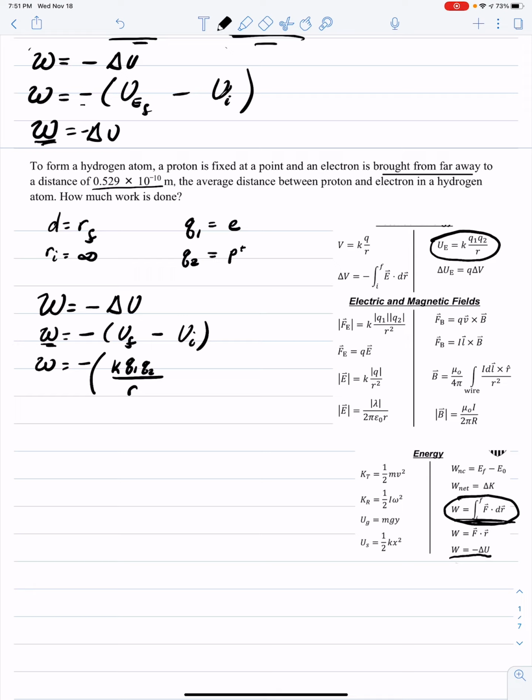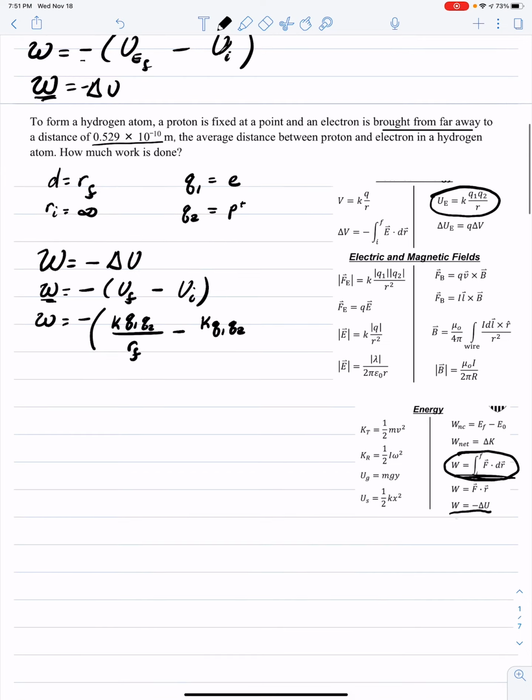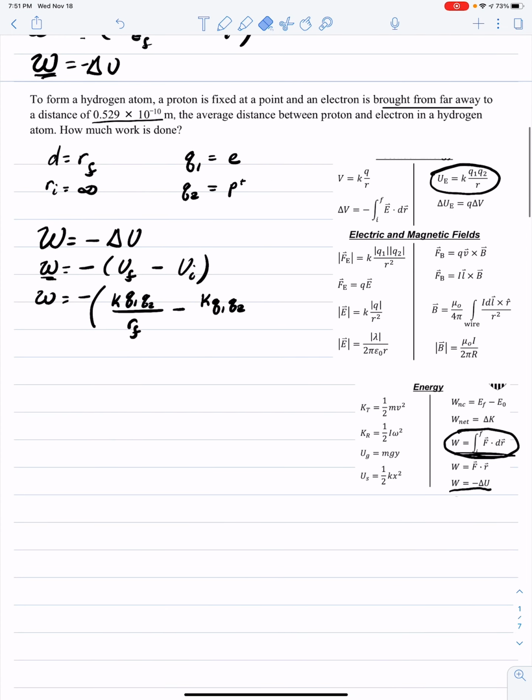And this is distance R final, because that's what we're dealing with once we get to the final position, right? But then at our initial position, since it starts at a very far away place, it's still the same charges that we're dealing with, but at a different distance.